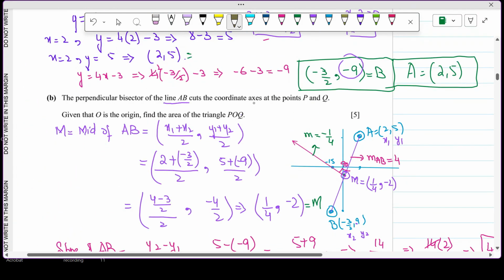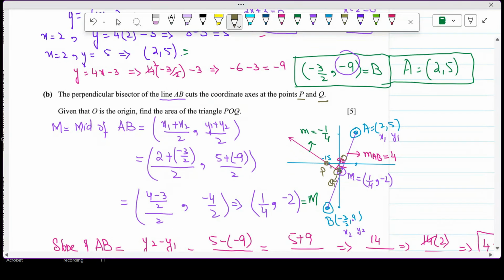Now it says that this perpendicular bisector intersects the x-axis and y-axis at points P and Q. So this one is P and this point is Q, and this one is the origin. We need to find the area of the triangle POQ.